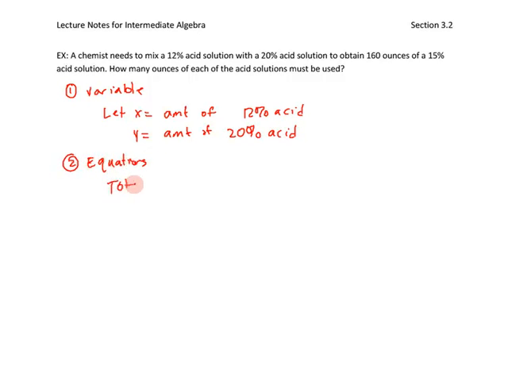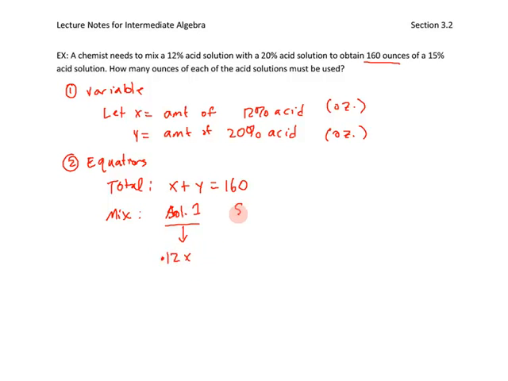The total equation is x plus y needs to be how much? We need 160 ounces, right? And since we're working in ounces, let's make sure we indicate that here up on our list. Now what about the mixing equation? Solution 1 gives me 0.12 of x.